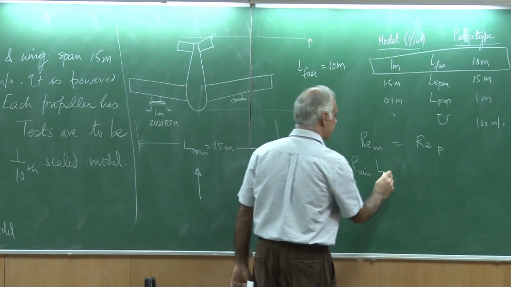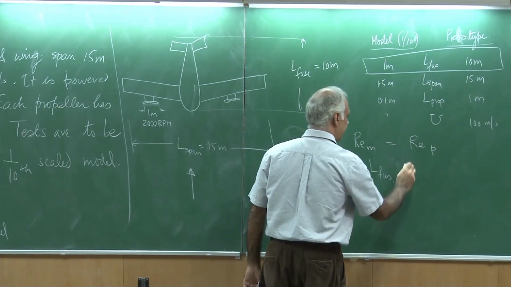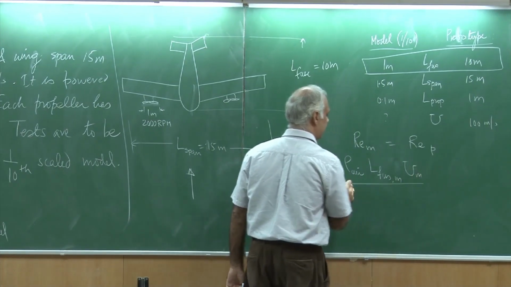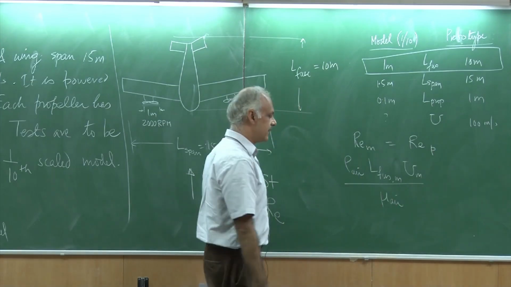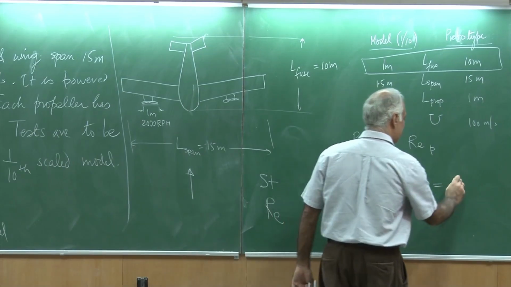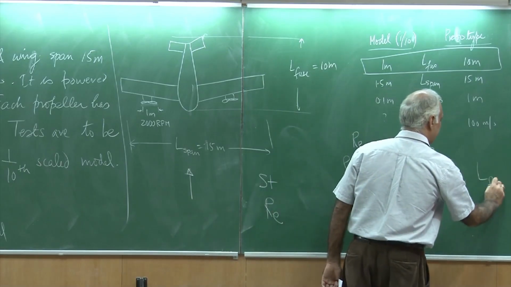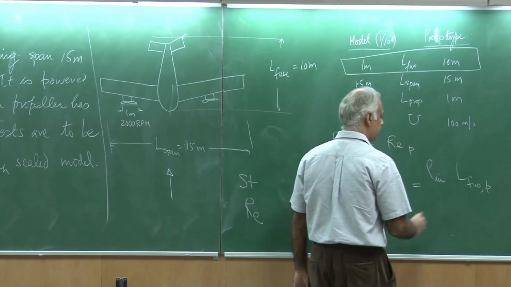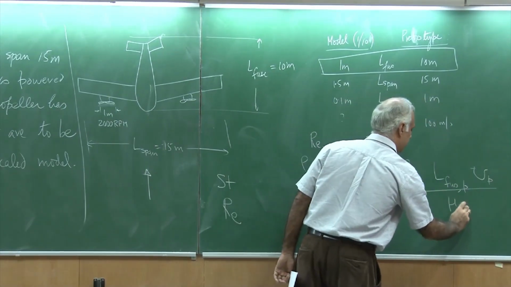So, therefore, this would be length of fuselage for the model times u for the model divided by mu, which is the air at sea level, and this has to be the same for the prototype. So, this is again rho air, length of fuselage for the prototype, u for the prototype divided by mu air.